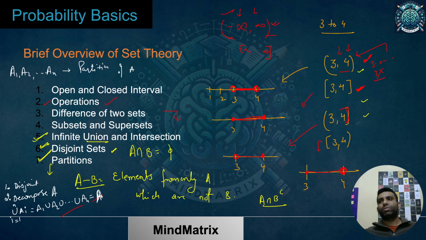If I have some number of sets, I'll say these are a partition of this set only if they are disjoint, basically nothing is common between them, and if we combine all of them, we create the main set we are talking about. Then it's a partition, and that's what we should be knowing.